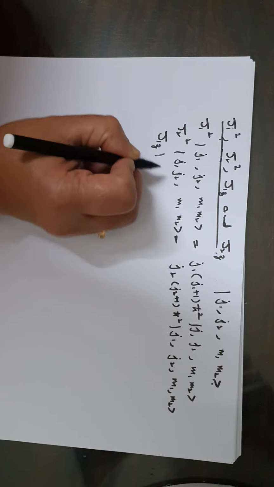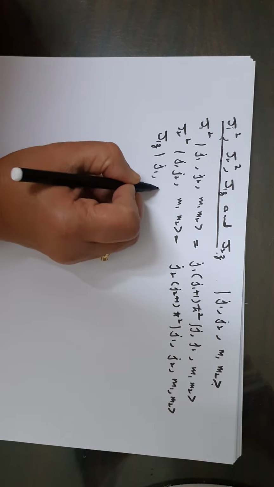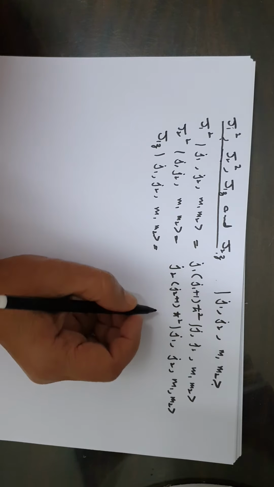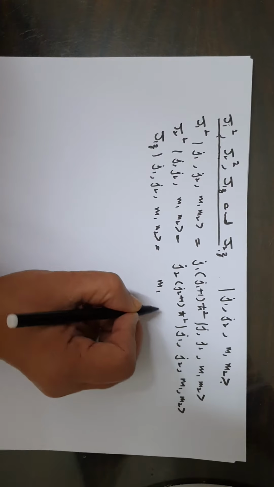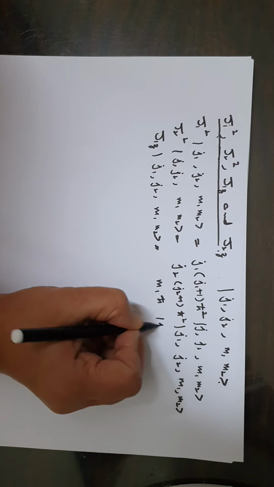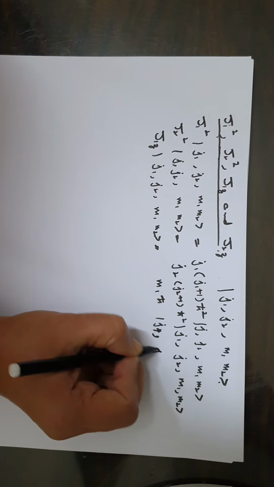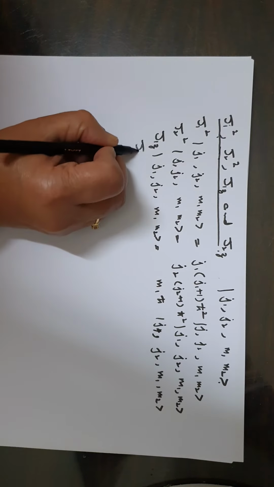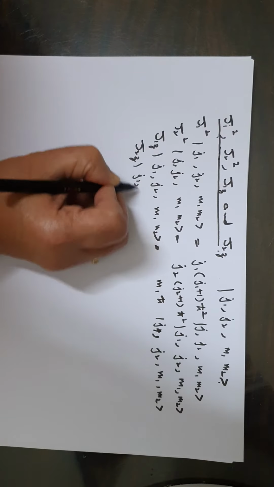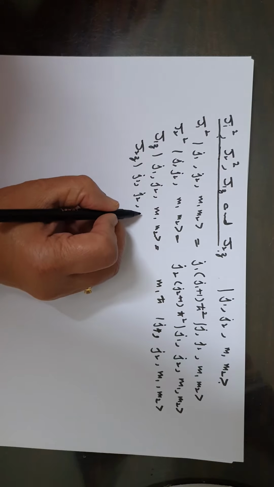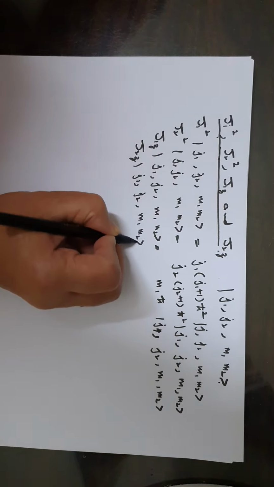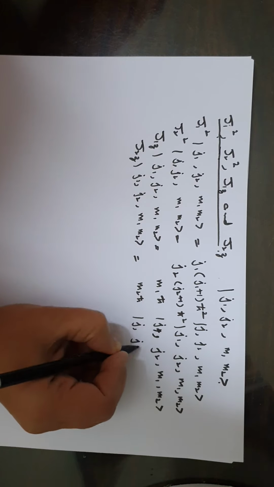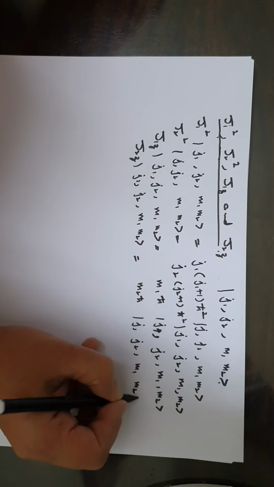When J1z acts on the ket, we get M1ħ |J1, J2, M1, M2>, and when J2z acts on the ket, we get M2ħ |J1, J2, M1, M2>.